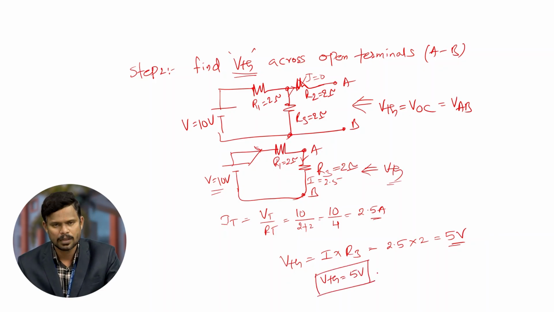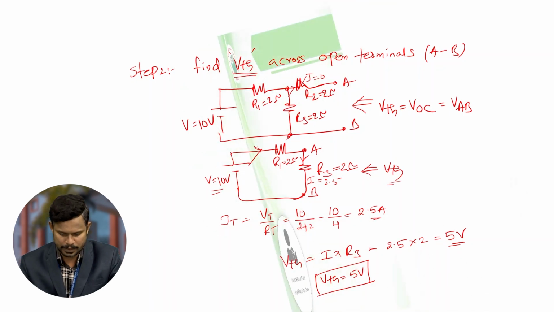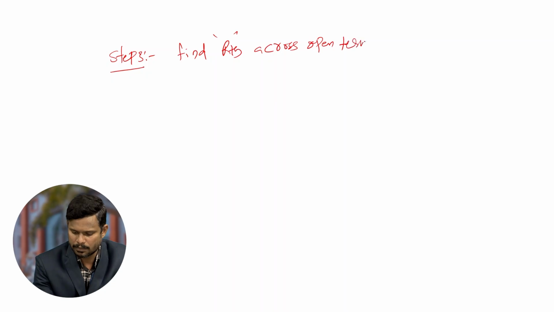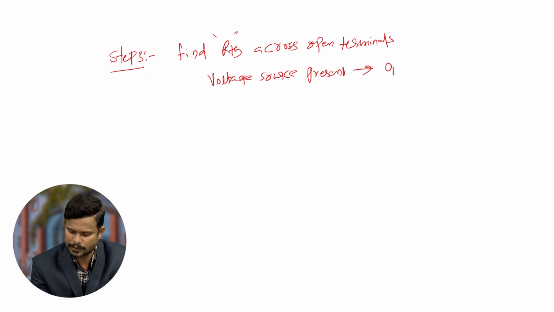Then step number 3, find RTH across open terminals for the given circuit. The condition is, if any voltage source is present, replace the source with a short circuit.